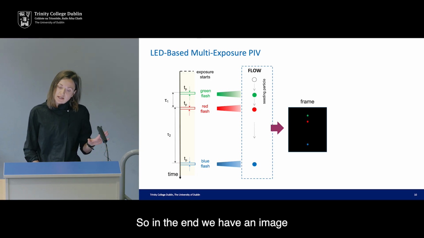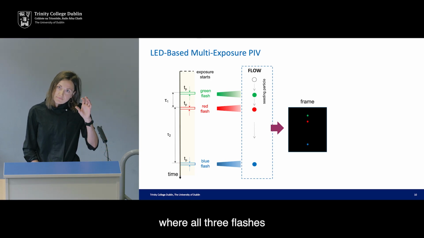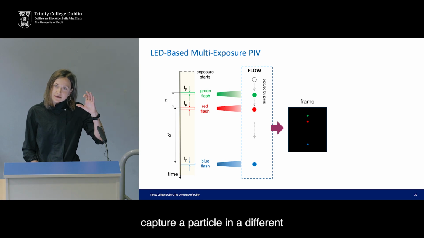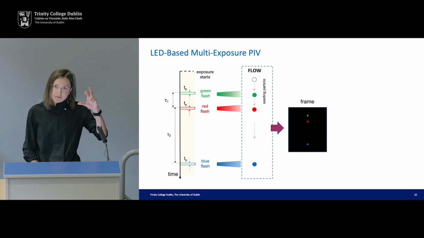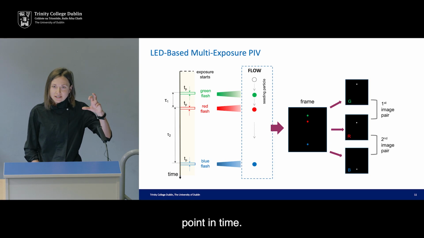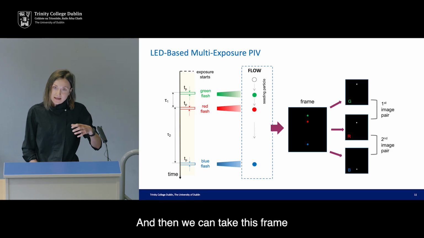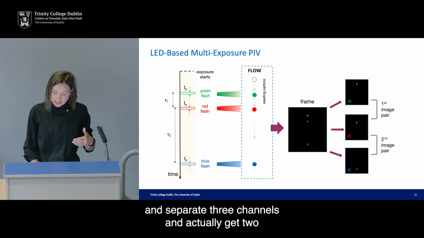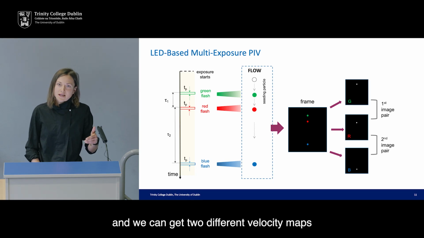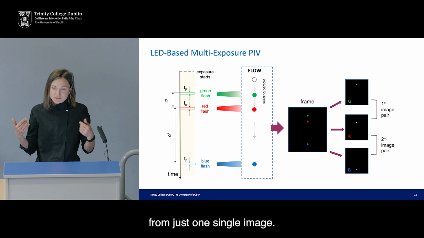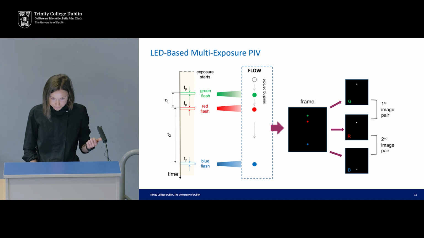In the end we have an image where all 3 flashes capture a particle at a different point in time. Then we can take this frame, separate the 3 channels, and get 2 or even 3 image pairs, so we can get 2 different velocity maps from just one single image.